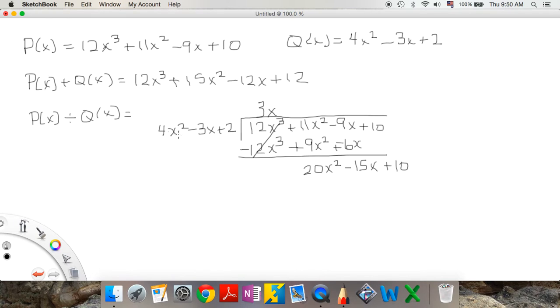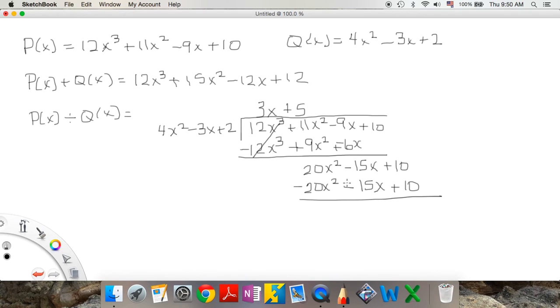So now, what do we multiply 4x squared by to get 20x squared? Well, 4 times 5 is 20. So we've got to put plus 5. Make sure you put that sign in there. And then we multiply it out. So we've got 20x squared minus 15x plus 10.